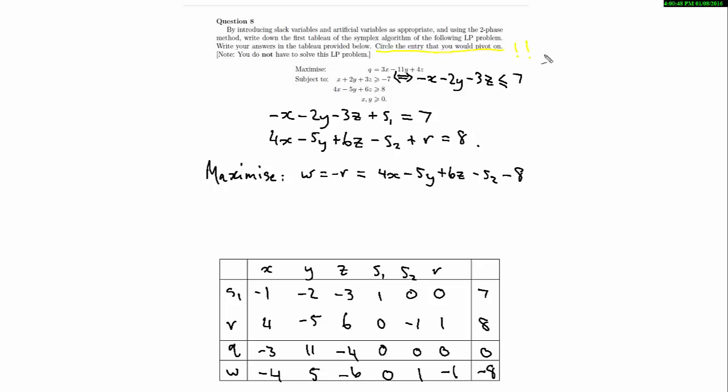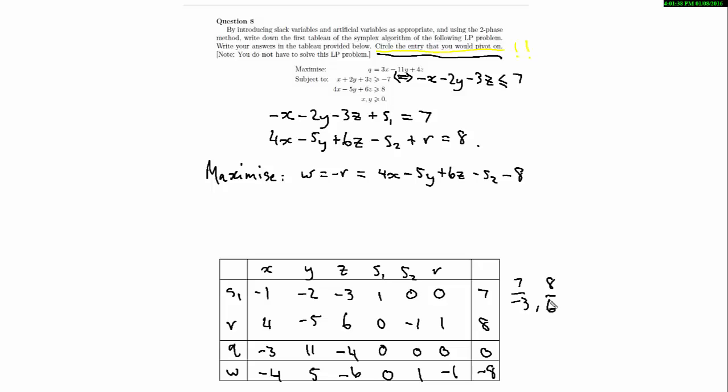And we finally remember what we underlined and exclamation marked up here. Okay, so to find our pivot entry that we have to circle, we find the most negative number in this W row, not including the value at the end, which is negative 6. And then we look at the corresponding ratios given by these two numbers and these two numbers, which in this case are 7 on minus 3 and 8 on 6.